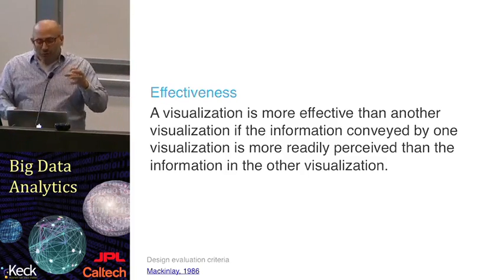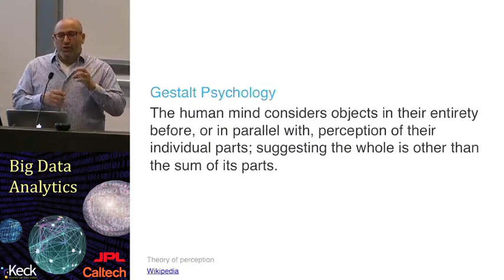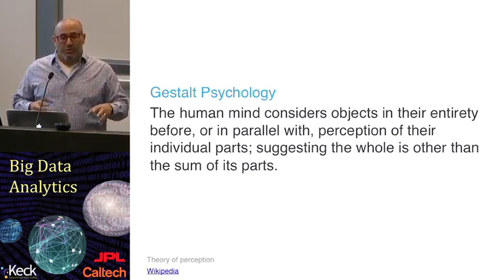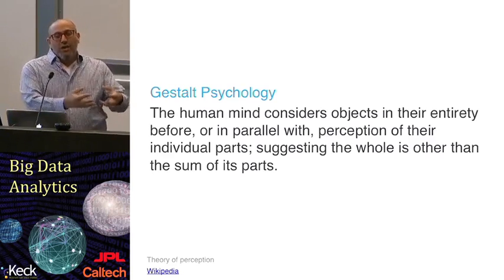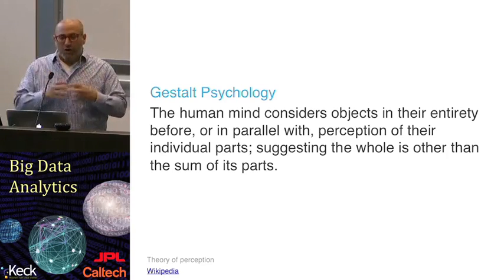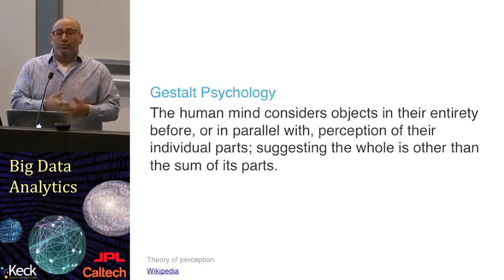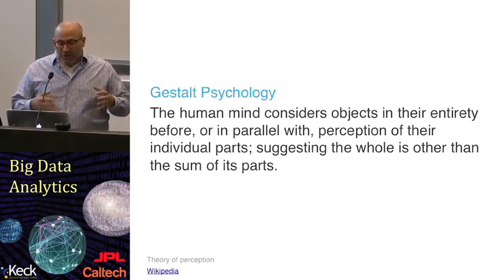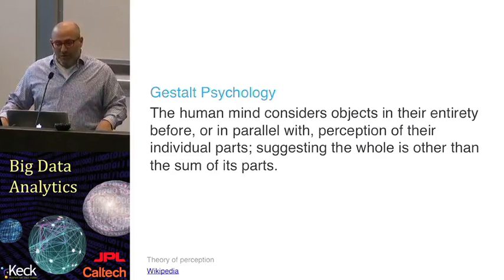In this section, I'm going to quickly talk about some of the important qualities of human perception and how they affect the way that we should structure data when we present it visually. The first is a quick walkthrough of Gestalt psychology, a school of psychology that came out of Germany.